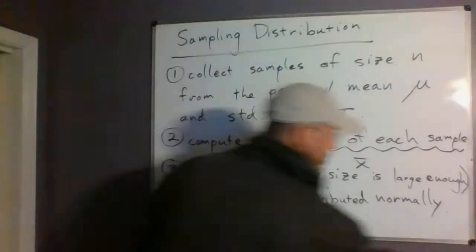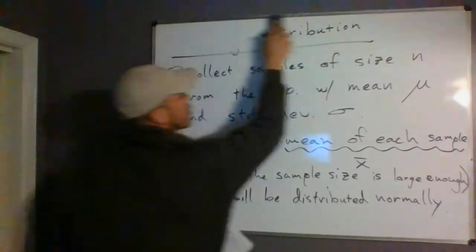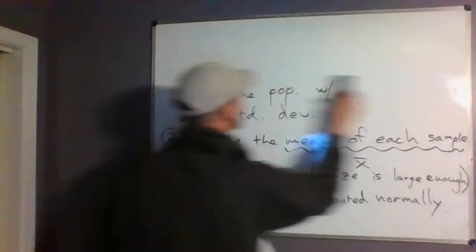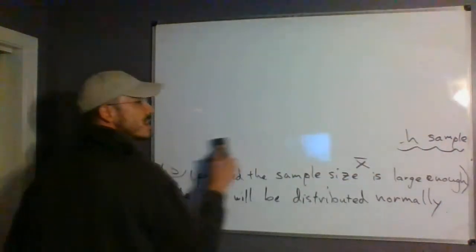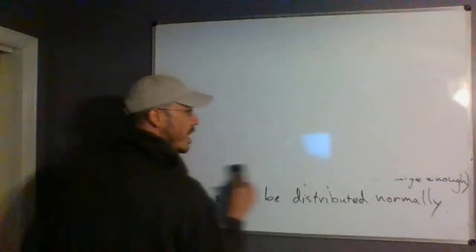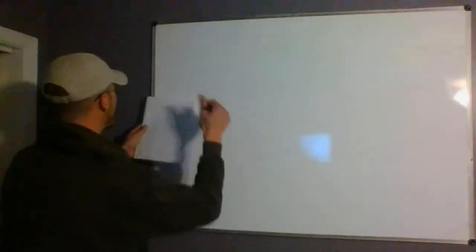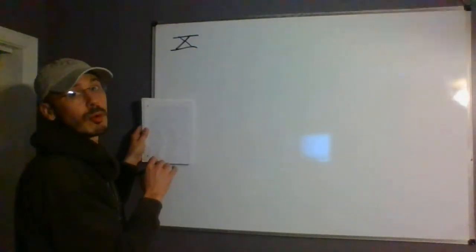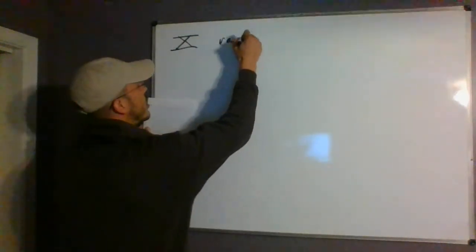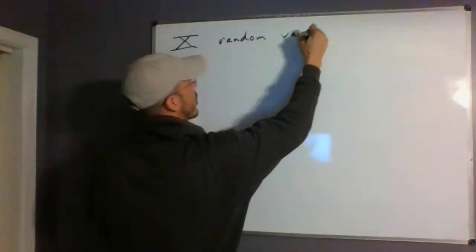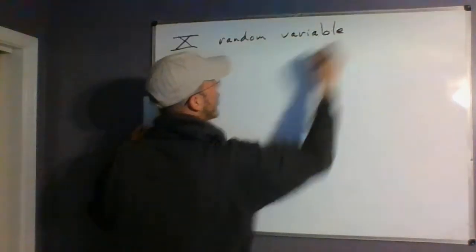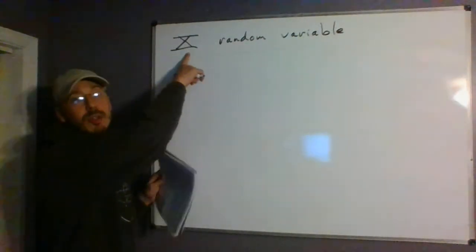So I want to go over some notation before we get into the actual problems. I mentioned, and we saw this in chapter 1, I think, X bar is the mean of a sample, whereas mu is the mean of the population. The new notation here is for a random variable that has some distribution.